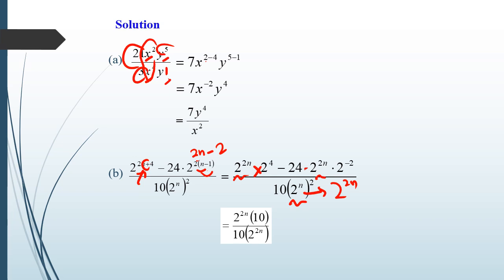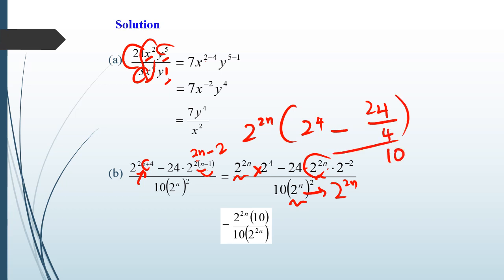What do we have on the top? We have 2 to the power of 2n multiplied with 2 to the power of 4 minus 24 divided by 2 to the power of 2, which is 24 divided by 4, equal to 6. 2 to the power of 4 is equal to 16.